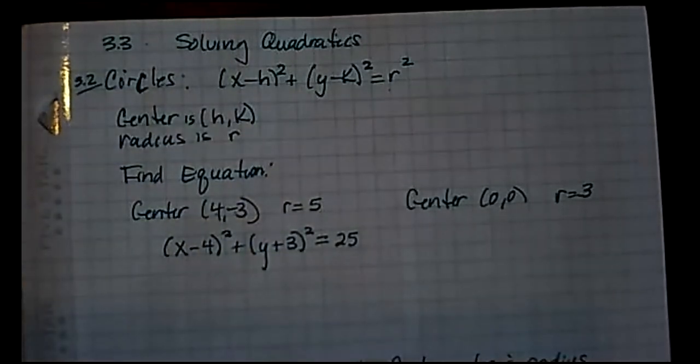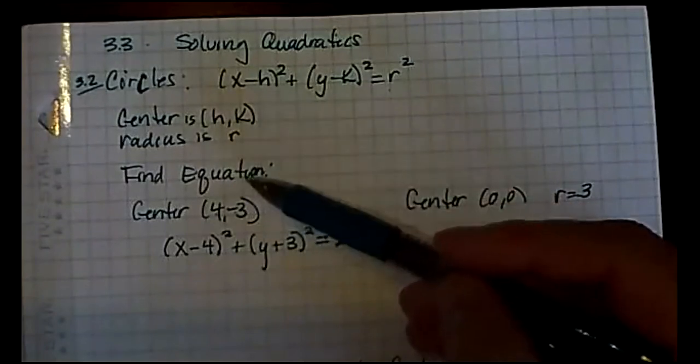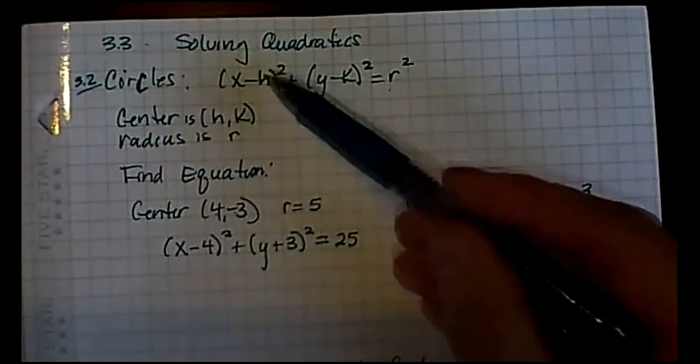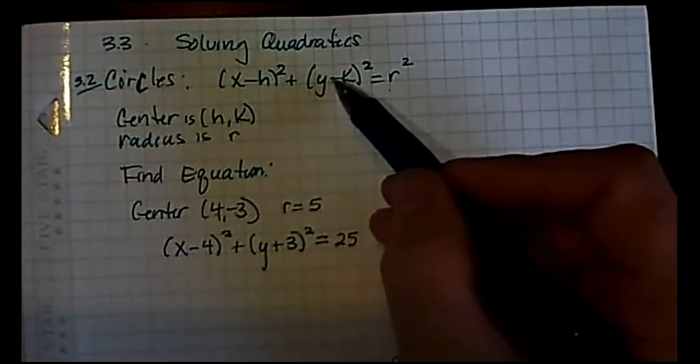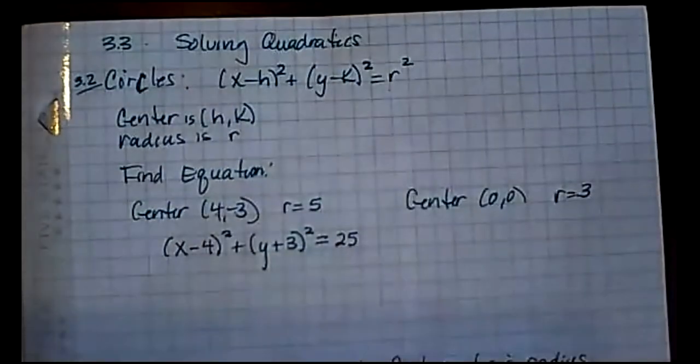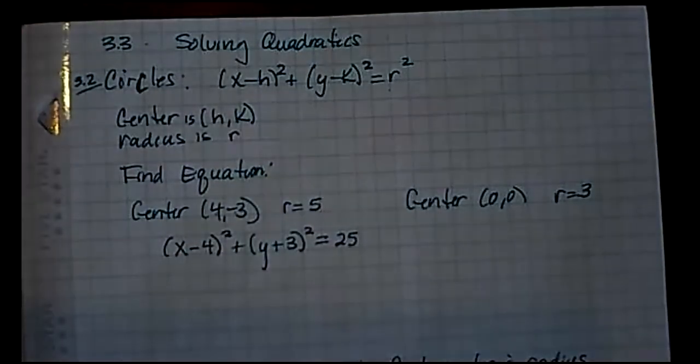And that's all it is. But you've got to remember these signs because the original is minus. If I put a 4 in for h, it's x minus 4. If I put a -3 in, it's a minus a -3, so it becomes plus. So again, it's always using the opposite of those signs.